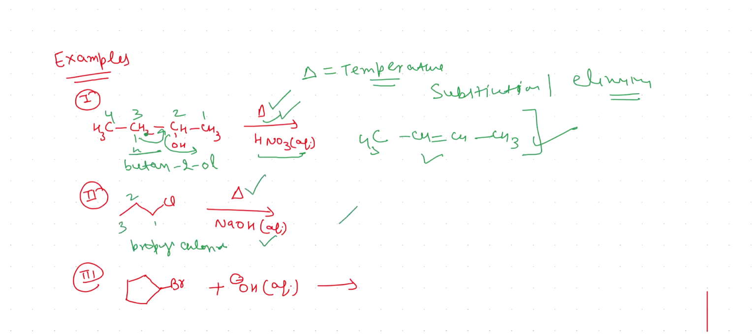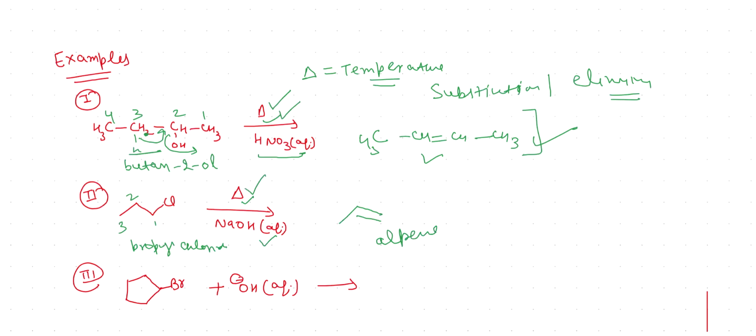There is also formation of alkene because here we are using temperature. We have to look at all the factors: reactant, temperature conditions, reagent, whether it is bulky or simple in nature. In both the reactions there is a symbol of temperature, so they will undergo elimination reaction.